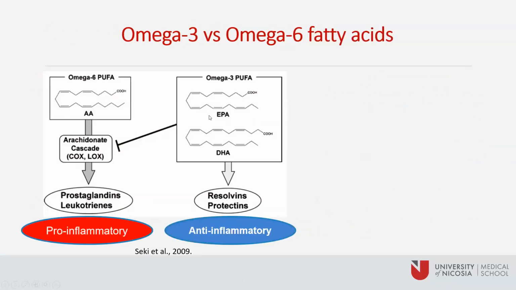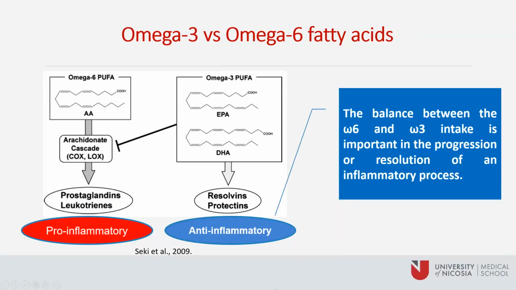If we take a look at the diagram here, you can see that from the omega-6, like arachidonic acid, you can form pro-inflammatory mediators like prostaglandins and leukotrienes. And from the omega-3, like EPA and DHA, you can have anti-inflammatory mediators like the resolvins and the protectins, but you can also compete with AA in order to prevent formation of pro-inflammatory mediators.